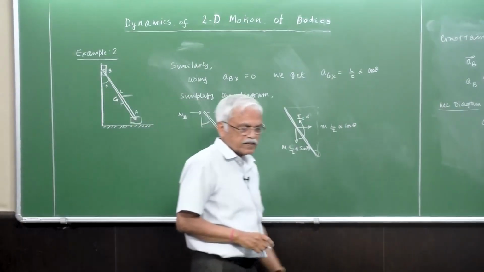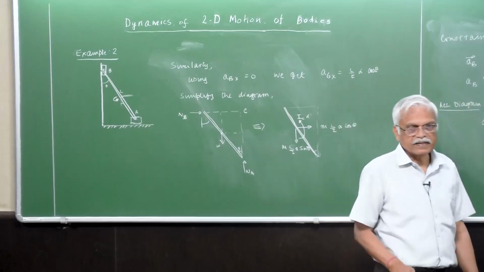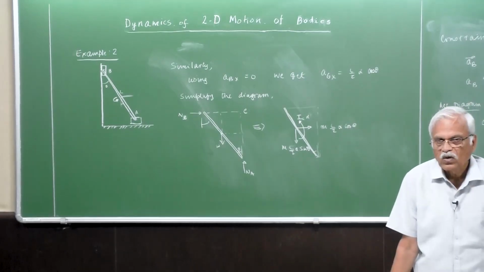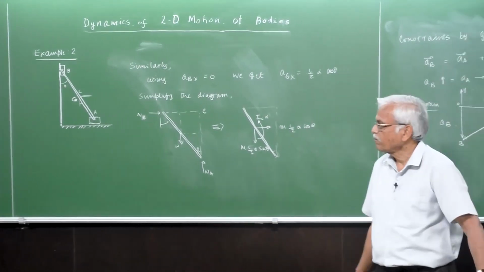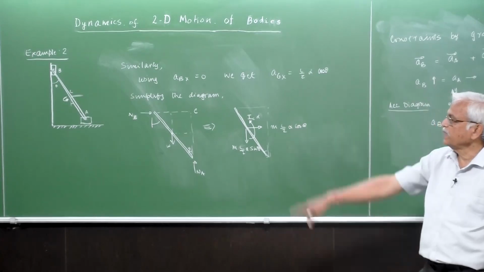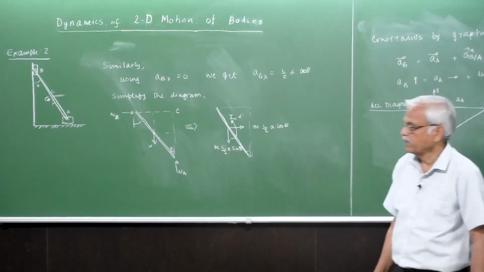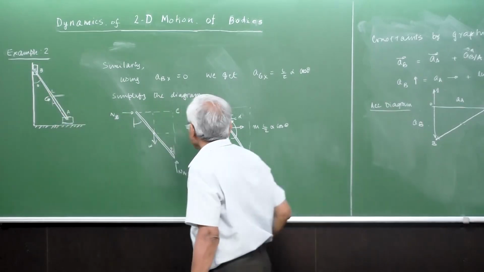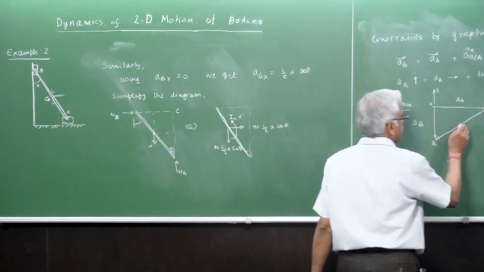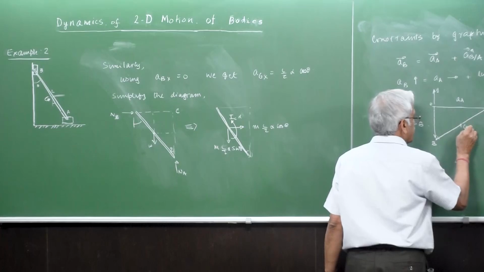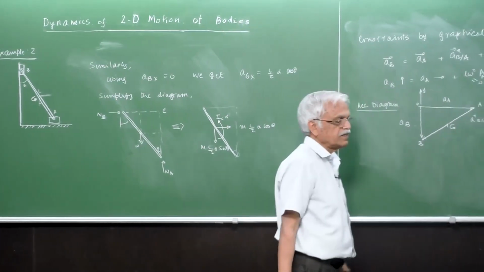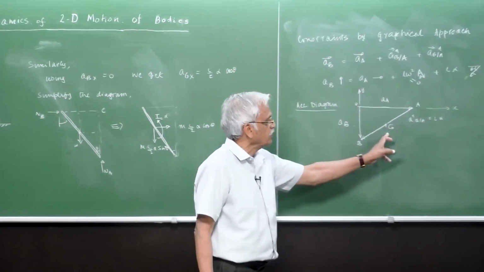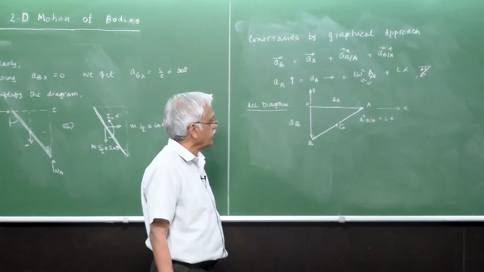We have proved earlier that in the acceleration image also they will have the same proportionality. So if G is the center point of A and B in the physical plane, here also G will be in the center of AB in the acceleration diagram.